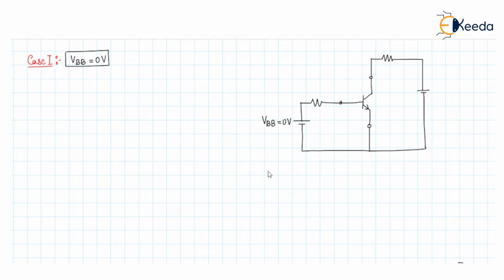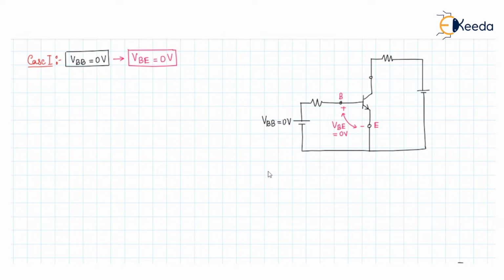Since the VBB voltage will be 0, we can say that the base to emitter voltage, this voltage, will also be 0 because we have applied a 0 voltage. So we can say the base to emitter voltage is 0.